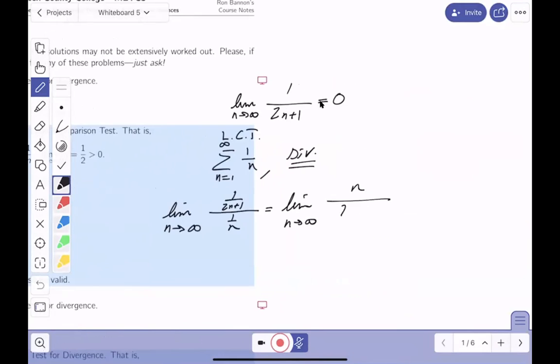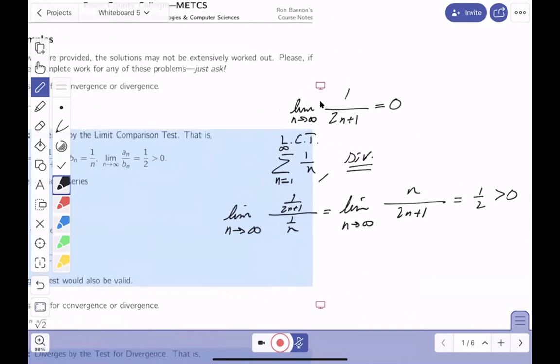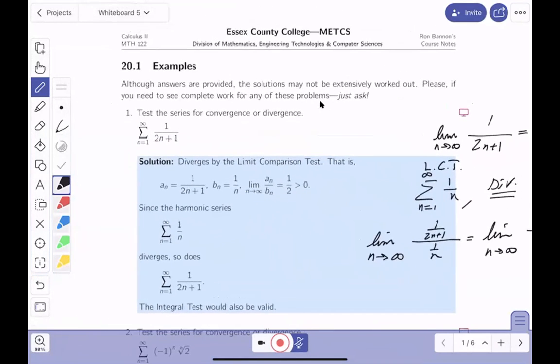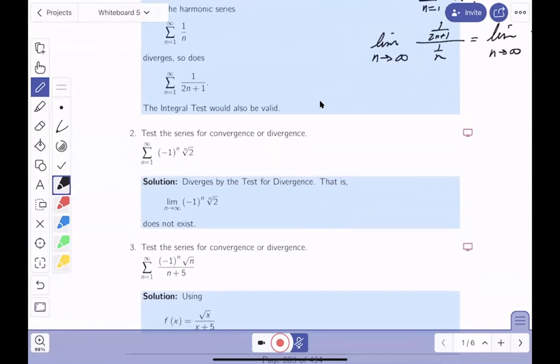So it's going to be n over 2n plus 1, which is equal to that limit divided through by n, you get a half, right? And that's certainly a finite number greater than 0. So what do I know? I know my original series by the LCT is divergent. So I know this is divergent. All right. Are there other ways to do that problem? Of course there are. There are other ways to do it. It's all typed up for you.